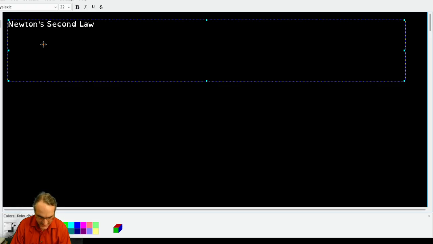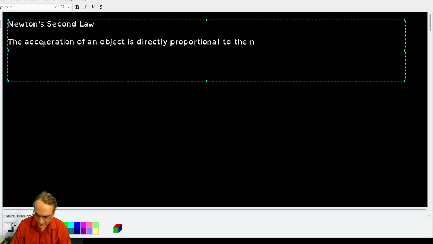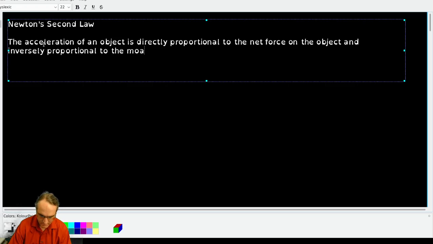Newton's second law says that the acceleration of an object is directly proportional to the net force, the sum of all forces on the object, and inversely proportional to the mass of the object.